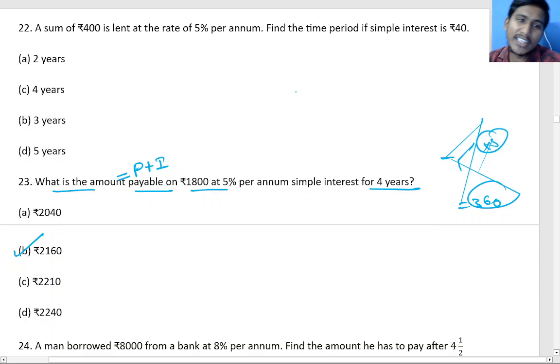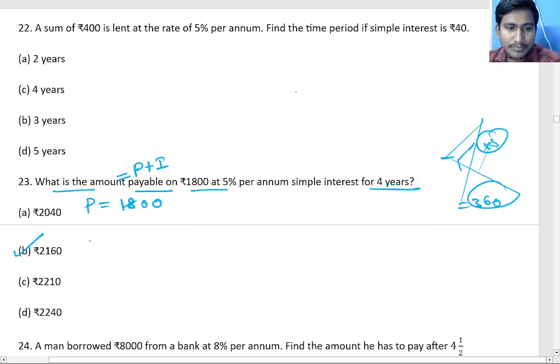So let us do it with the explanation method. Principal is how much here? That is 1800. Rate of interest is 5%, and time is 4 years.